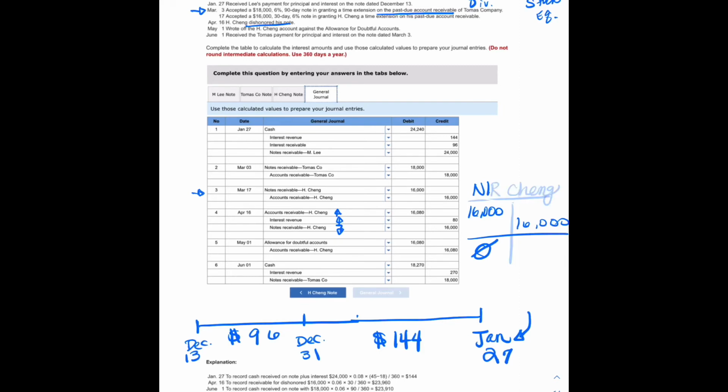Now, what we're going to have to do after that, after we've dealt with this issue on April the 16th, is look at May the 1st.